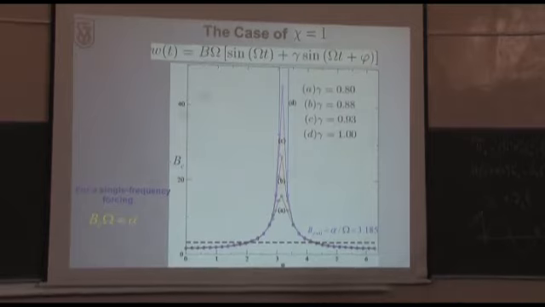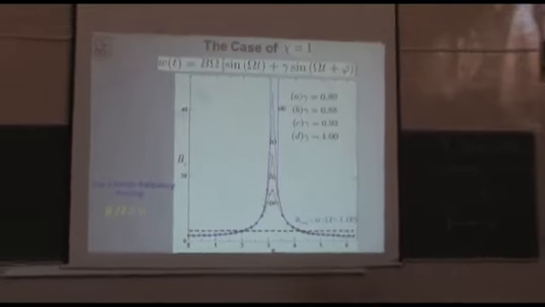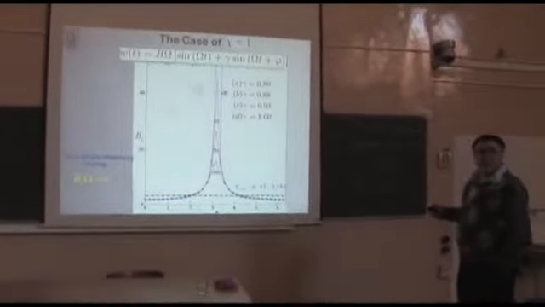But the amplitudes are different. Now what would we expect in the simplest case? If phi is pi, so there is a half period shift, then these guys are canceling each other.